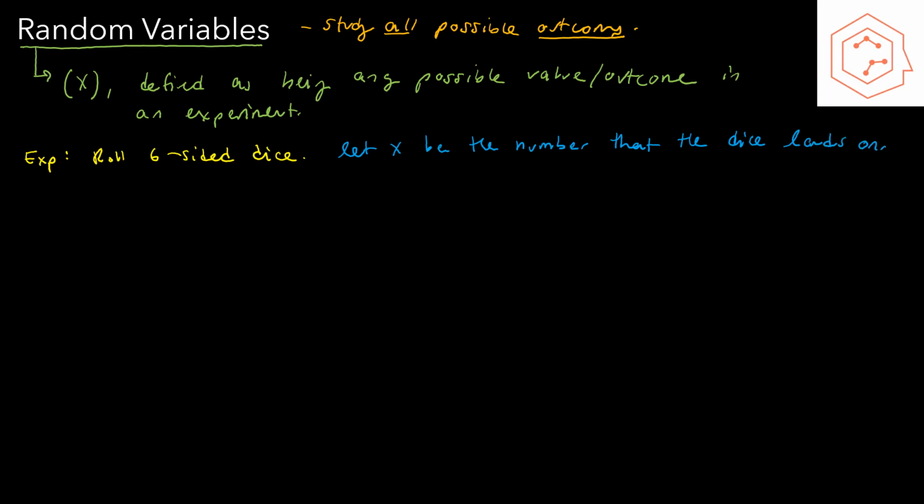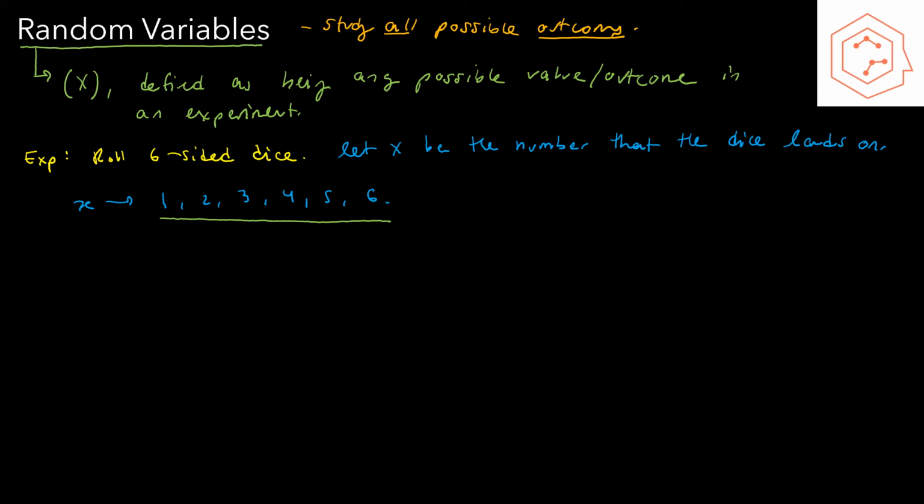And it's very important that you define your random variable because it's just a letter, so without this definition, nobody's going to know what you're talking about. So given our experiment where we're rolling a 6-sided die, we let x be the number that the dice lands on. So all the possible outcomes for our experiment, x can either be 1, 2, 3, 4, 5, 6. So these are the possible values that our random variable can take.